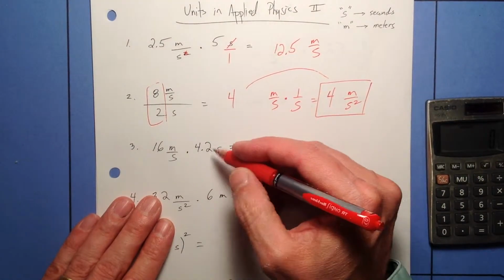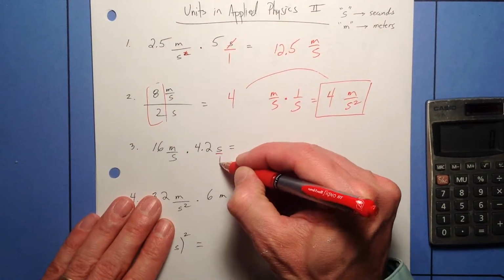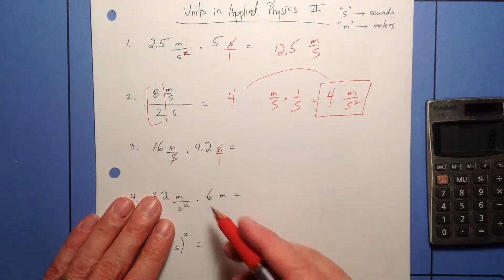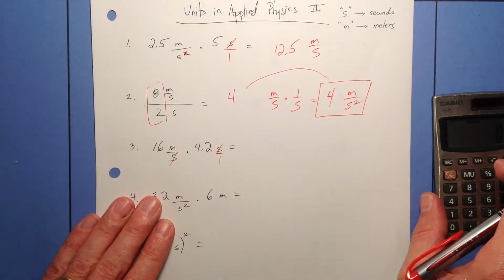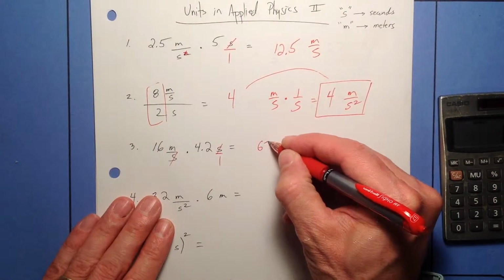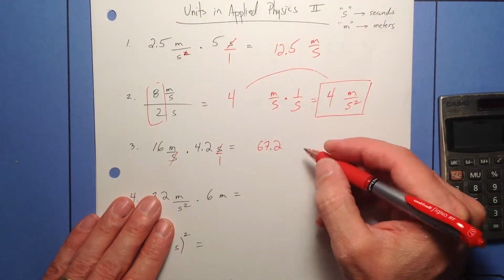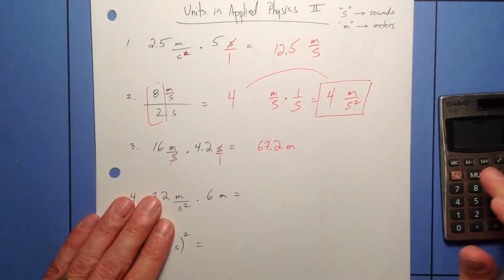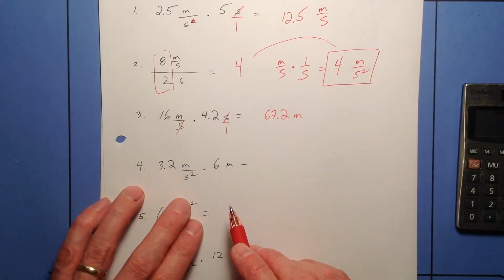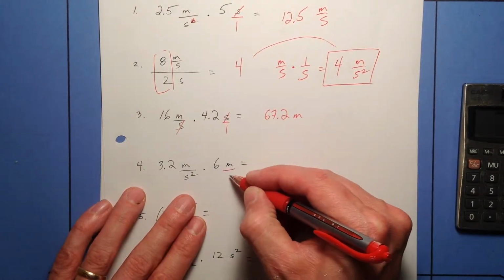This one, 16. So let's do the units first on this one. Put that over 1. The seconds on the top and the second on the bottom will cancel, leaving us with just meters. And 16 times 4.2. You need that in a calculator. It's going to give you 67.2, and it's going to be meters. Okay. This one, 3.2 meters over second squared times 6 meters. So here we go.